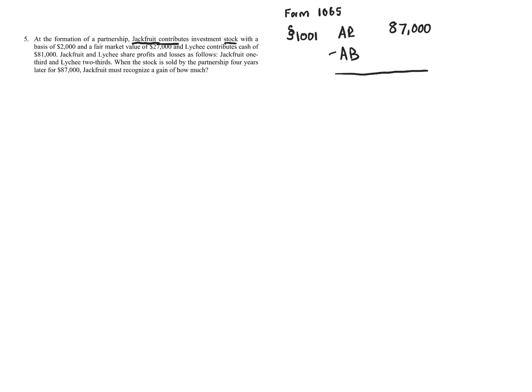Remember, it's a non-recognition rule, Section 721. Every non-recognition rule is a basis rule, and therefore the partnership and the partners take a carryover basis in the asset. So Jackfruit takes a basis in his partnership interest of $2,000, carrying over the old basis. And the partnership takes a basis in the stock of $2,000. Therefore, the basis of the stock is $2,000 under the carryover basis rules.